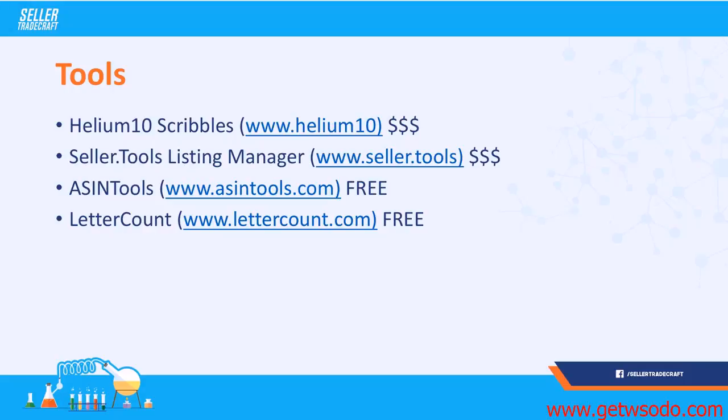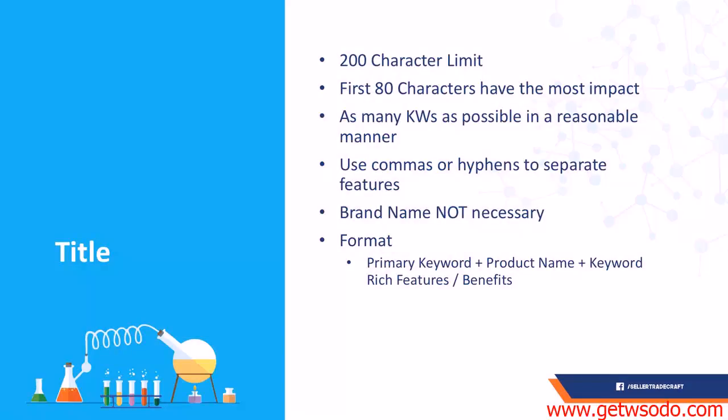Letter Count is also a free option for you to basically count your characters. These are all useful tools. So if you're working on a budget, ASIN Tools can work. I personally really enjoy, and I mentioned this before, Seller Tools is definitely one of my favorites because it just makes the entire process seamless from beginning to end. So let's get started.